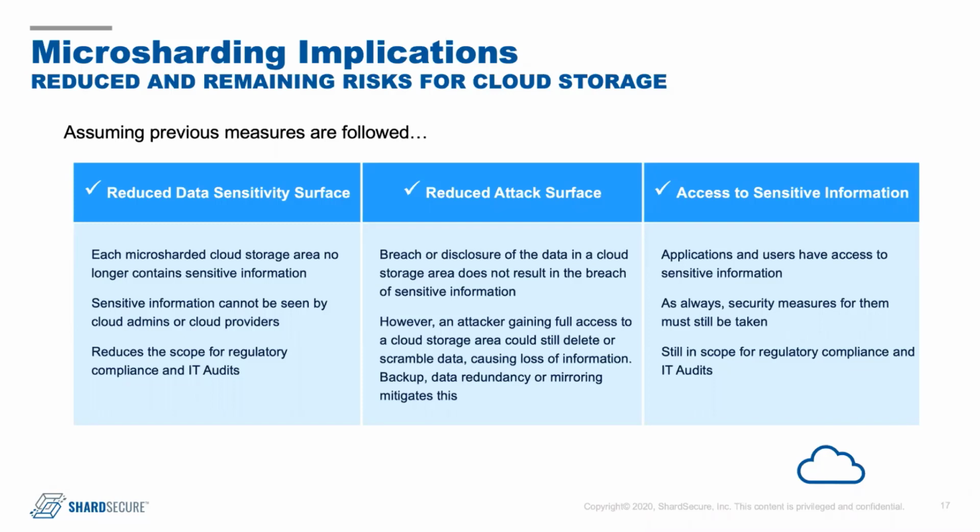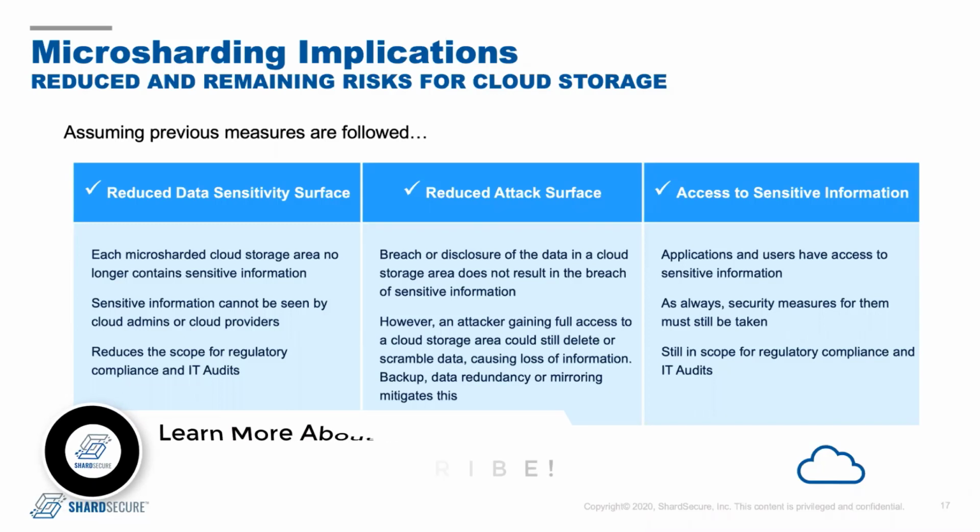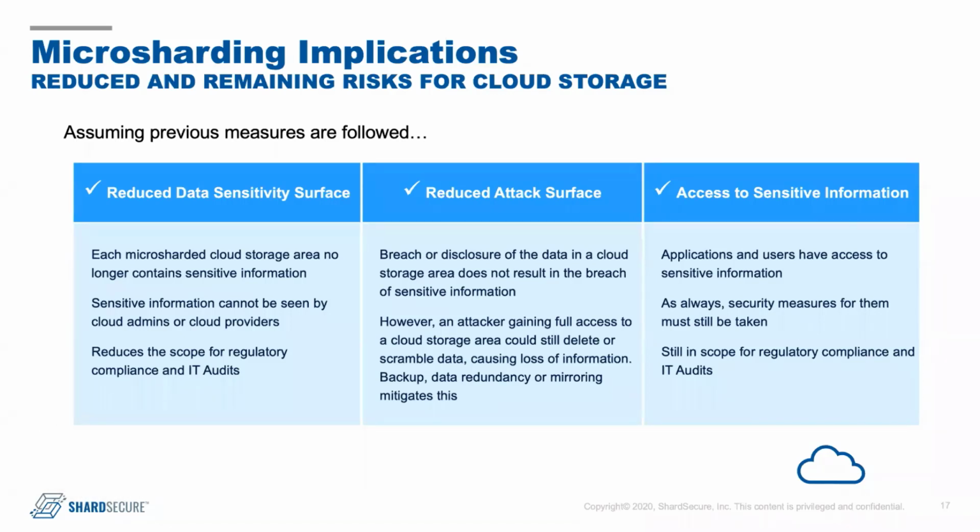If an attacker does have access to your cloud platform, they could delete your data, they could corrupt your data. So there's still a chance of, say, a DOS attack by deleting your data. So just having good backup and redundancy programs in place would help you mitigate that.